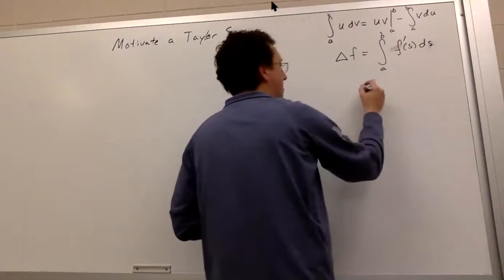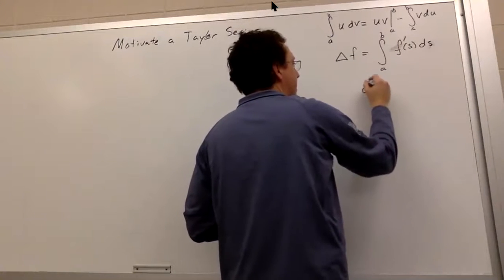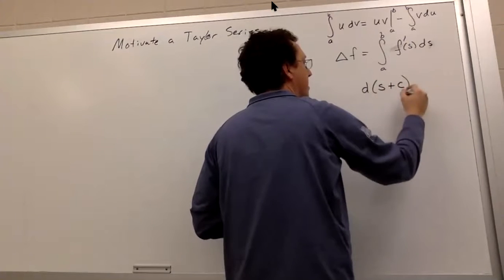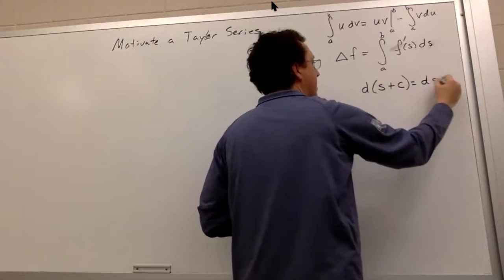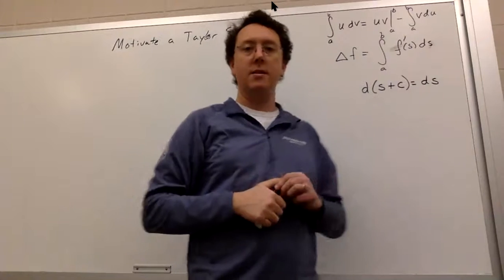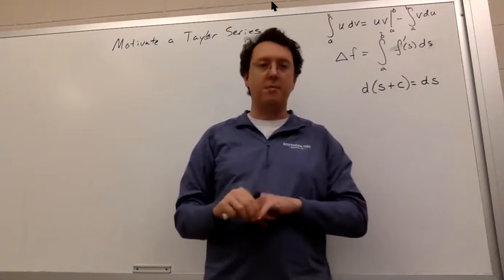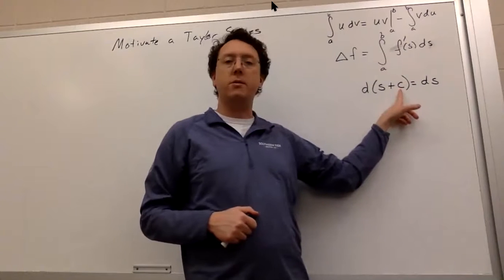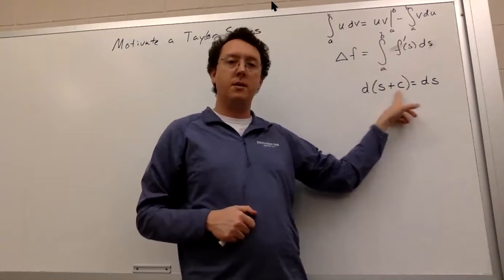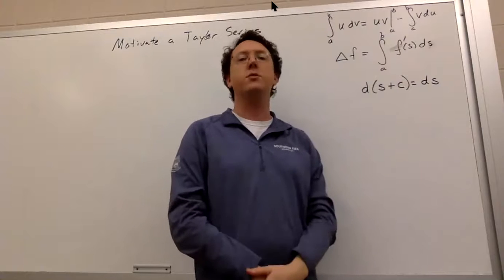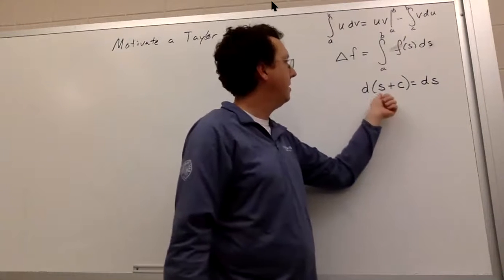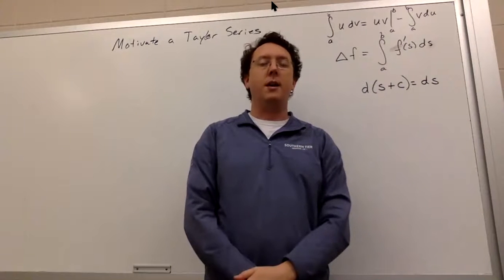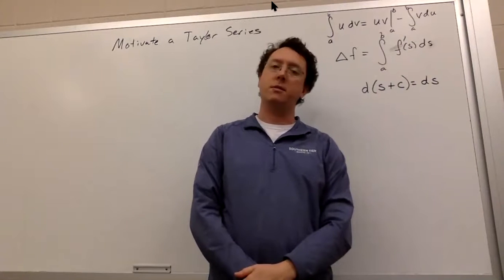So what I'm really mumbling about is that d of s plus a constant in fact is just the same as ds. So that's kind of a neat observation. And to motivate the Taylor series, we're basically going to shift the dummy variable by a constant just the right way, and out will pop the Taylor series.